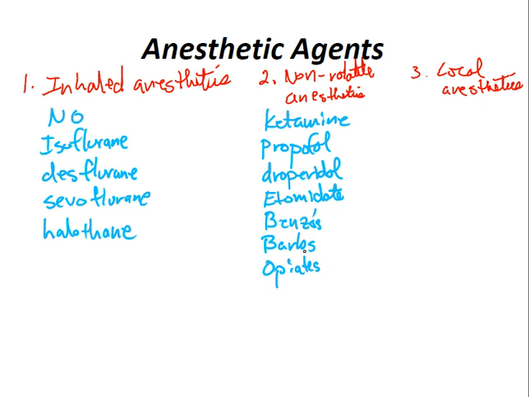The favorite opiate of a lot of anesthesiologists is fentanyl, which is 50 times more potent than morphine.